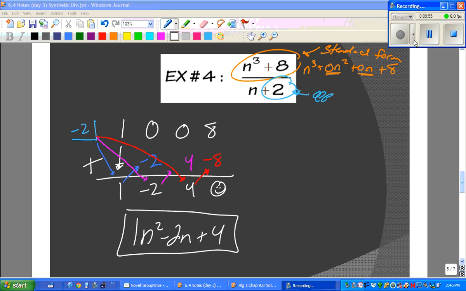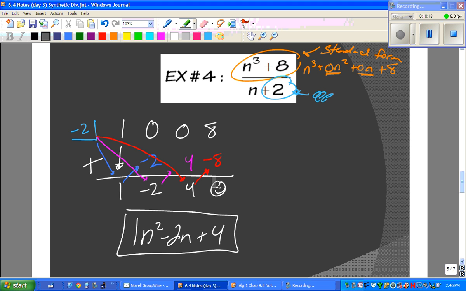Okay, so you start by dropping the 1 down, and then 1 times negative 2 gives us negative 2. 0 plus negative 2 is negative 2. So negative 2 times negative 2 is 4. 0 plus 4 is 4. And then negative 2 times 4 is negative 8.